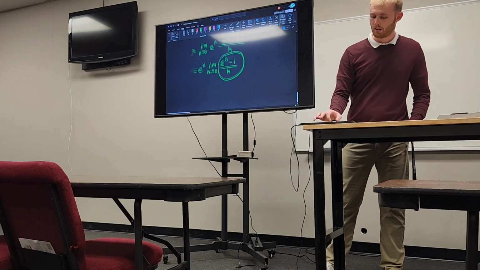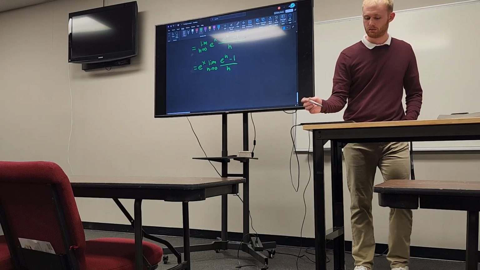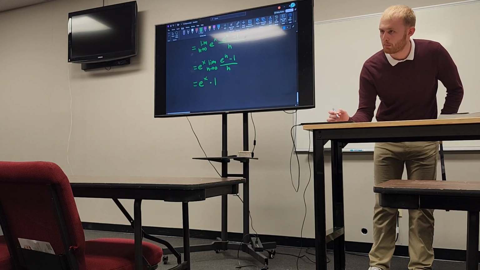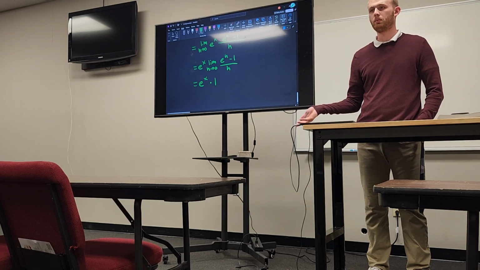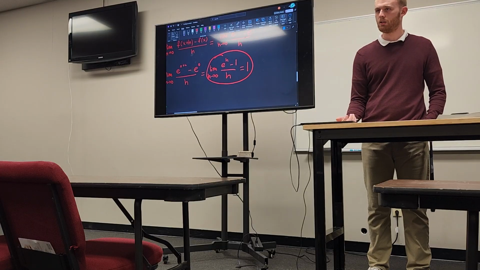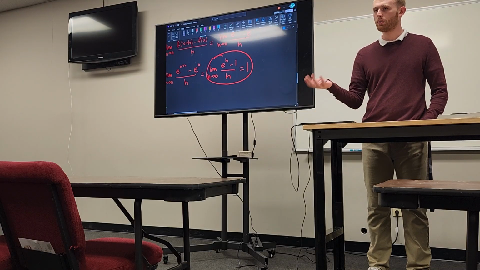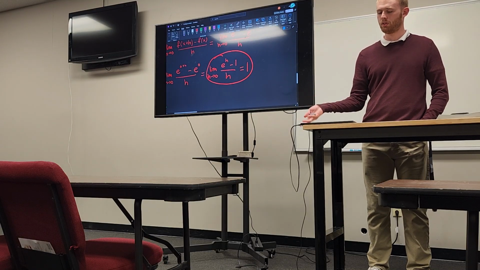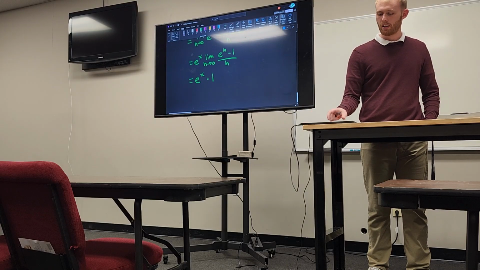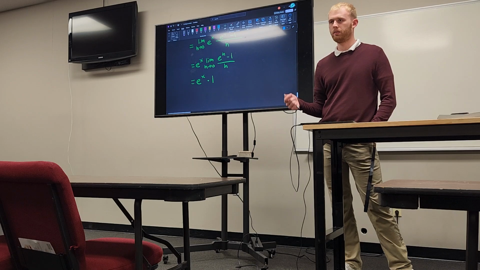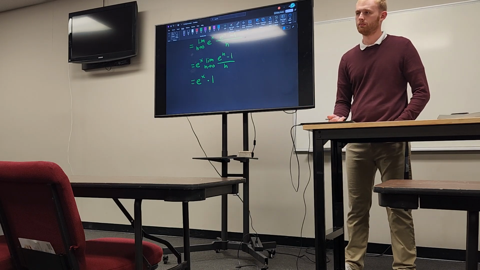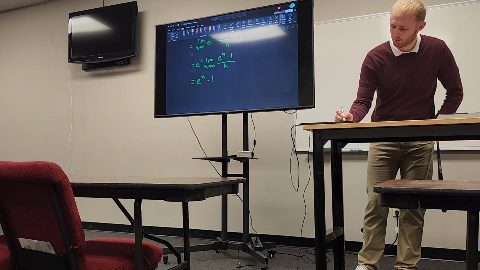So you have e to the x, and look at what we have here: 1. e to the x times 1. We just substitute what we defined up here in red in the circle. We substitute that whole term, the limit as h approaches 0 of e to the h minus 1 divided by h, which is equal to 1. And there it is, that term is 1.